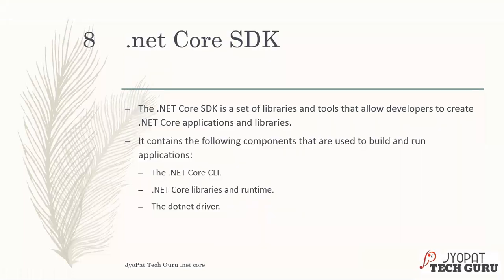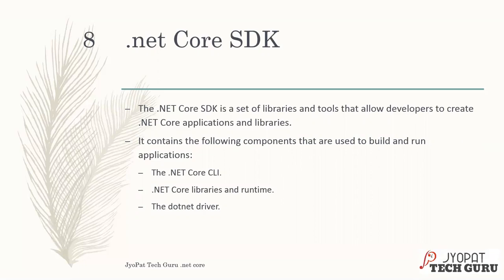So what is the .NET Core SDK? In earlier versions, we used to install this SDK separately. Now with Visual Studio 2019, you get everything within the application itself. The .NET Core SDK is a set of libraries and tools that allow developers to create .NET Core applications and libraries.